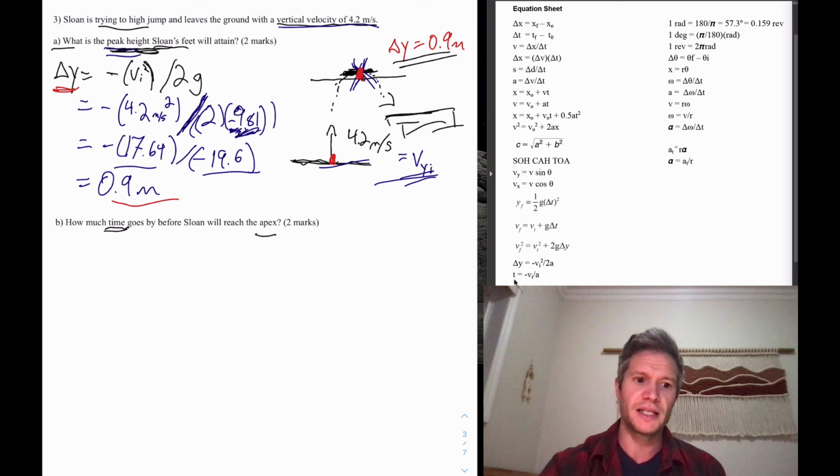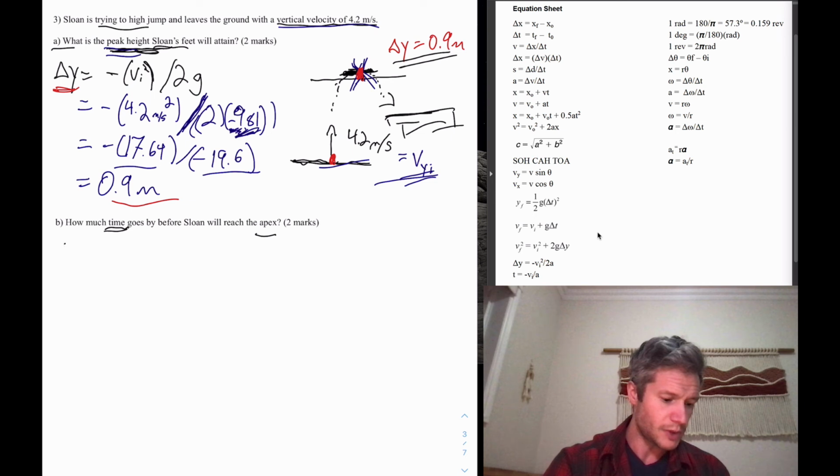Okay, we have t. Again, we're only going to the halfway point, so we know this is going to be good. It's going to give us the answer we want. So this is like halfway in projectile motion, these two, or free fall. Okay. So great, we have something rearranged and condensed for us that solves for t. So let's use that one. Okay, t equals negative initial velocity on the y-axis.